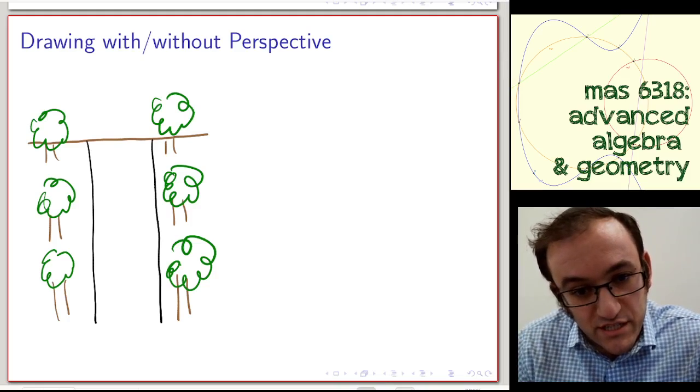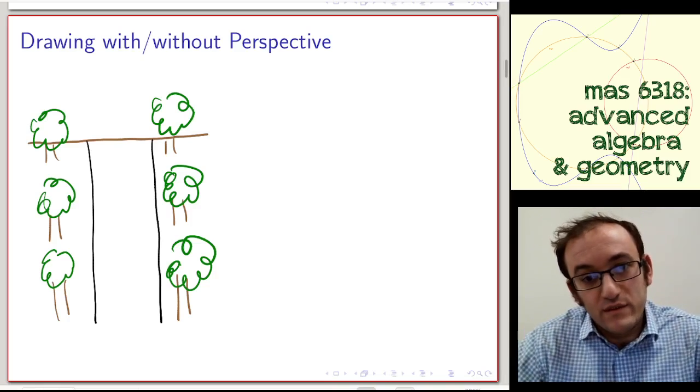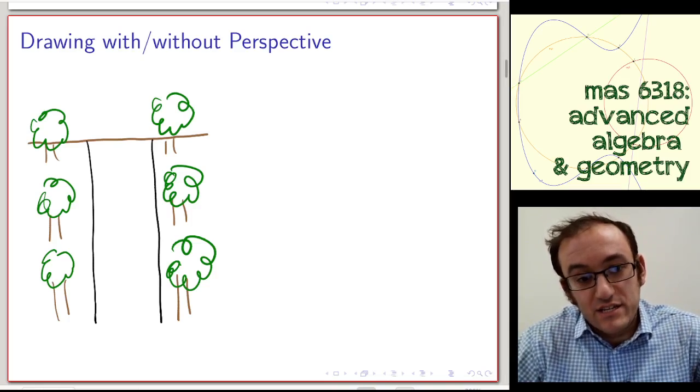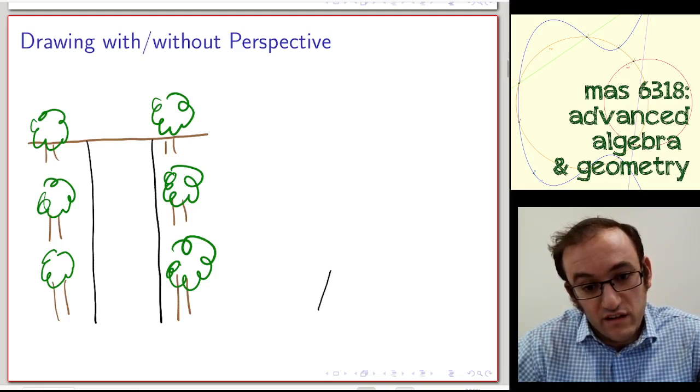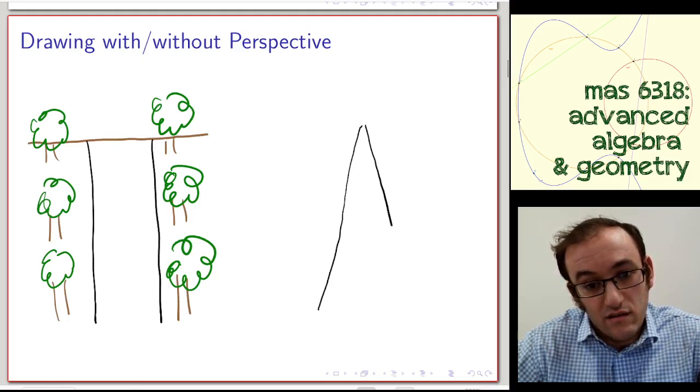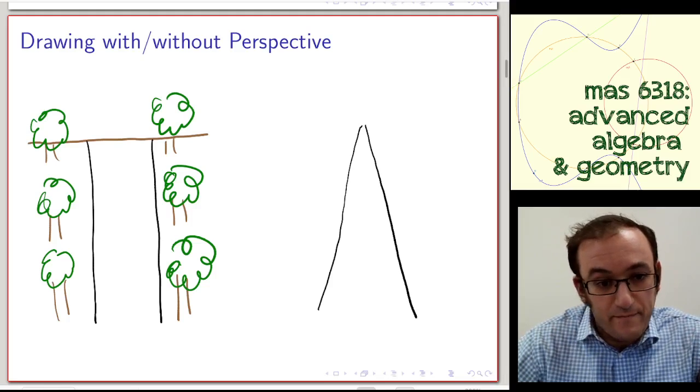But the picture changes when we say, you know what, these parallel lines, the edges of the road, are actually going to meet when we go off into infinity, or into the horizon.